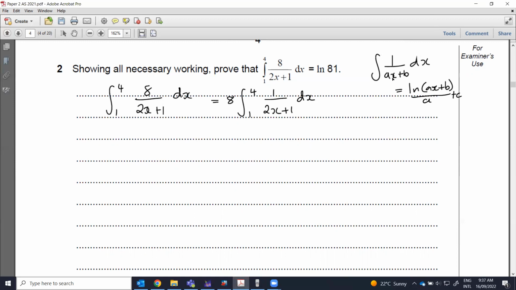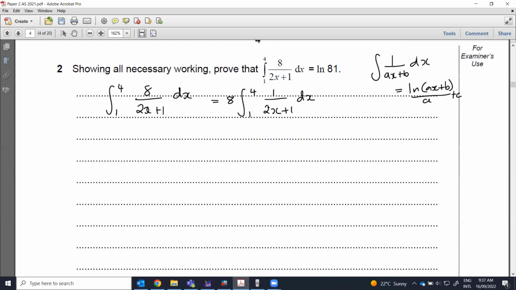Okay, so as long as the highest power of x in the denominator is 1, then the integral is just ln of the denominator, and then you divide by the coefficient of x, and then add your constant of integration.